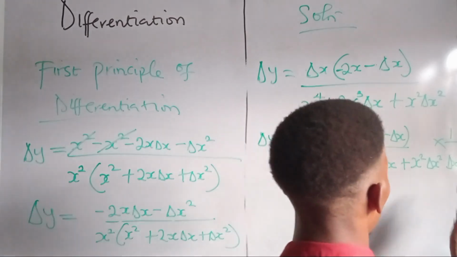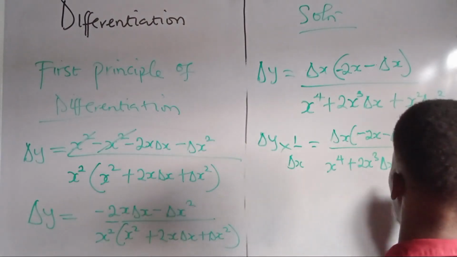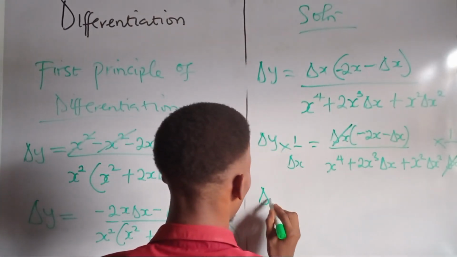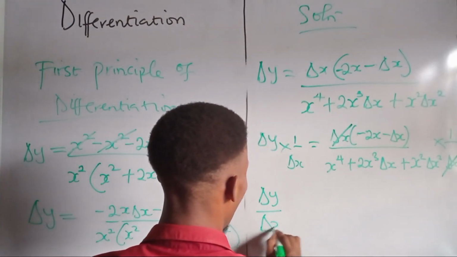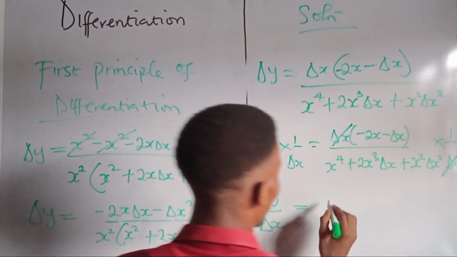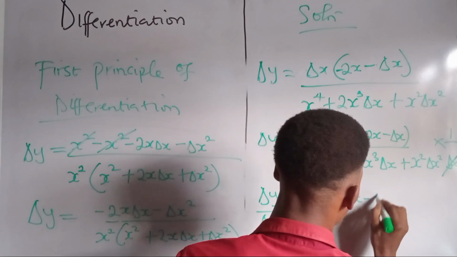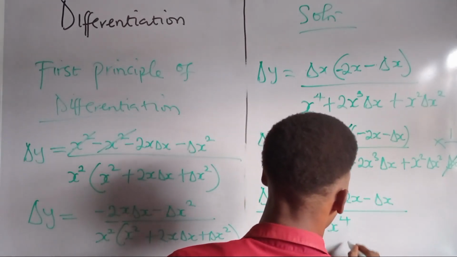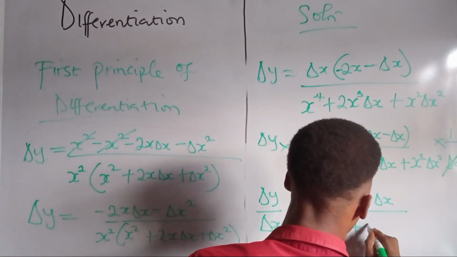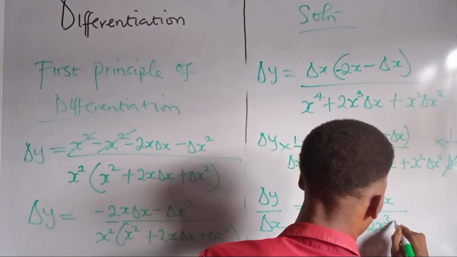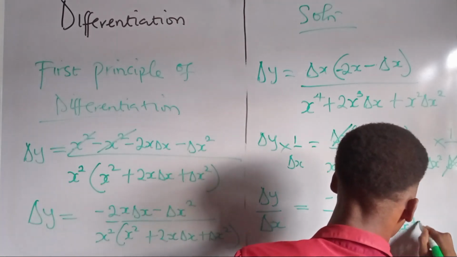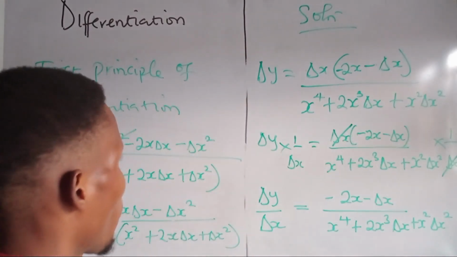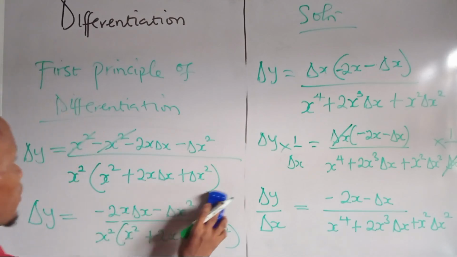So now this change in x can go against this change in x. So if we multiply this, we are going to have change in y over change in x is going to give us minus 2x minus change in s all over s raised power 4 plus 2s raised power 3 change in x plus s squared change in s squared. Now, we're almost at the final step.